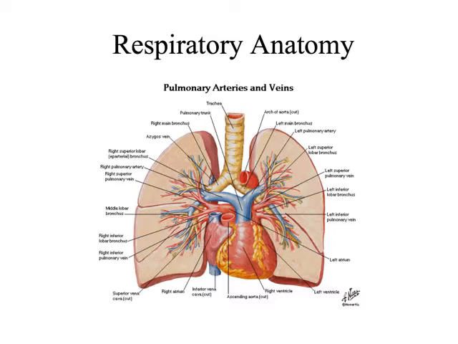So let's look. I just want us to appreciate all of these fine branchings of both the bronchus, the bronchioles, and these arteries and pulmonary veins. We'll be able to see those very clearly on the images, but it helps us to have an overview of what we're looking for.